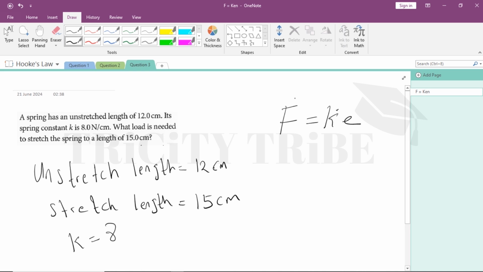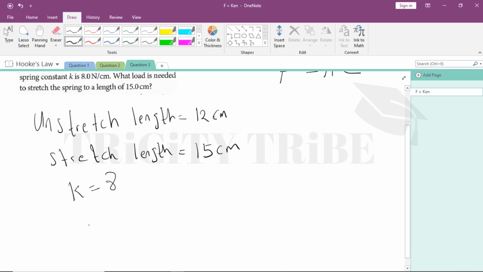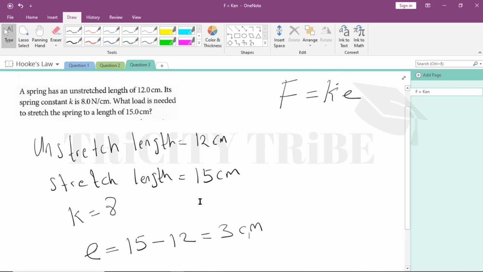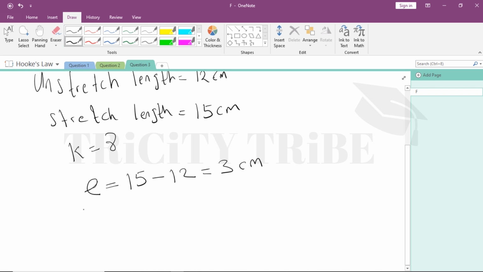Now you will ask me what about my E? My E is what? The stretch length minus the unstretched length. So if I scroll down, my E is what? 15 minus 12, which is what? 3 centimeter. So I have my K, I have my E, now I need my F.